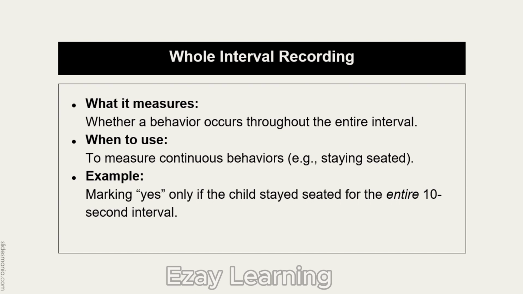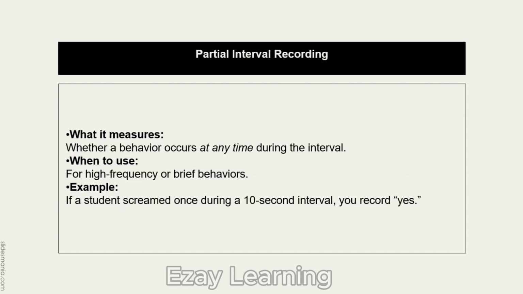This would be whole interval recording. An example is marking yes only if the child stayed seated for the entire 10-second interval. You divided the time into different intervals, the interval was 10 seconds, and you will mark yes in that interval if the child has done that behavior during the whole interval without any stopping.